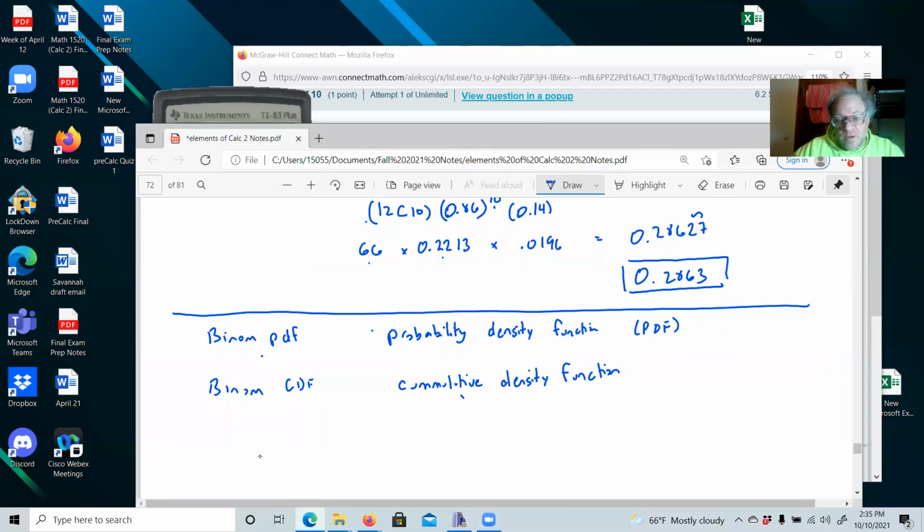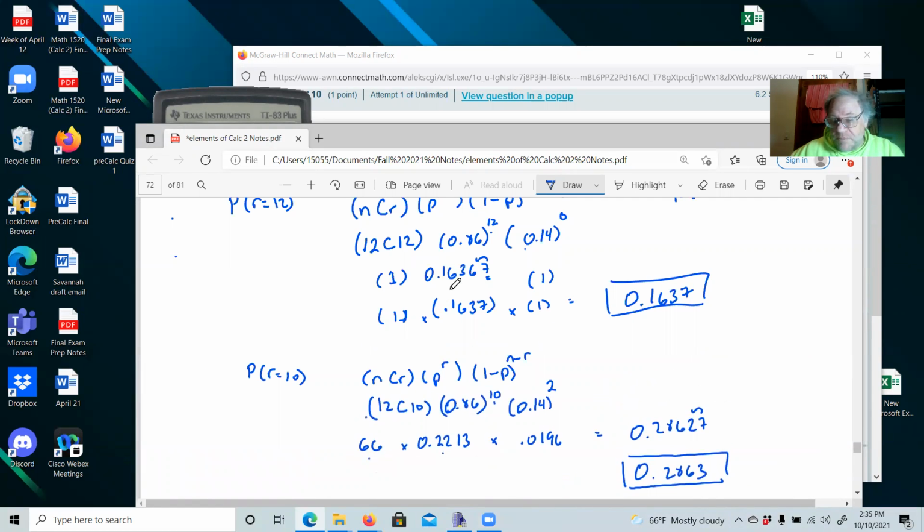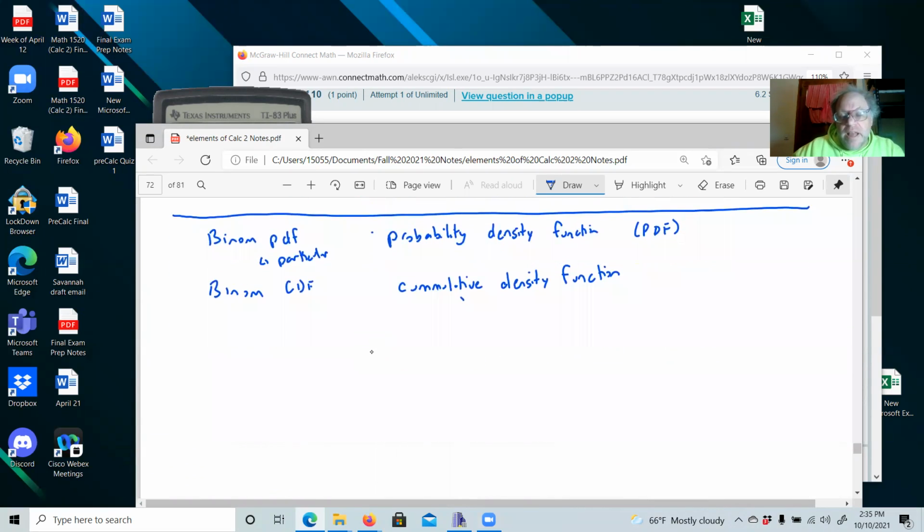So the PDF is for a particular value, kind of like what we have in part A and part B here. They want for 12, that's a particular value, and they want for 10, that's a particular value. The CDF gives a collection of values, from 0 up to the number they specified, 0 up to r, up to and including.